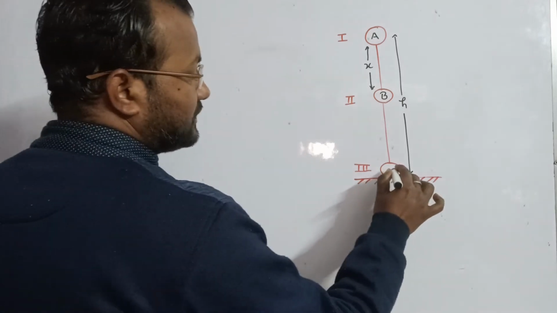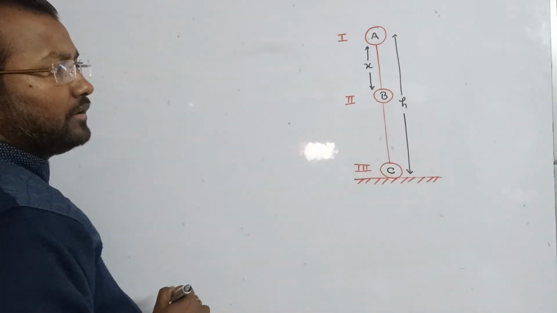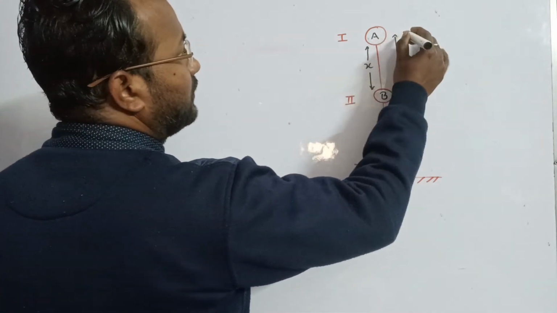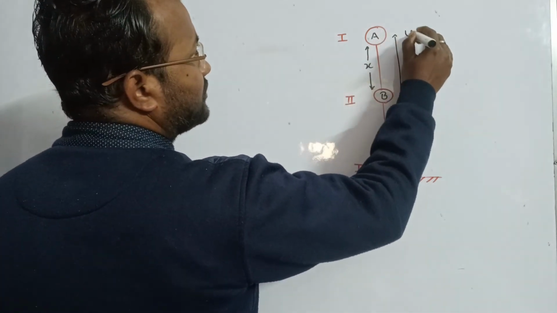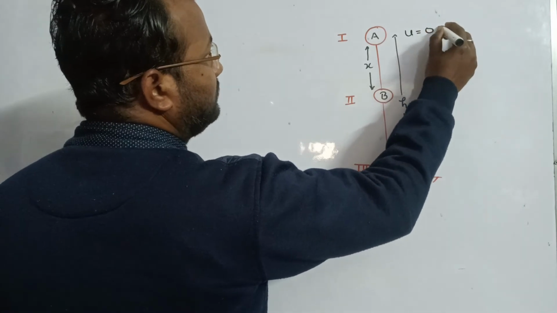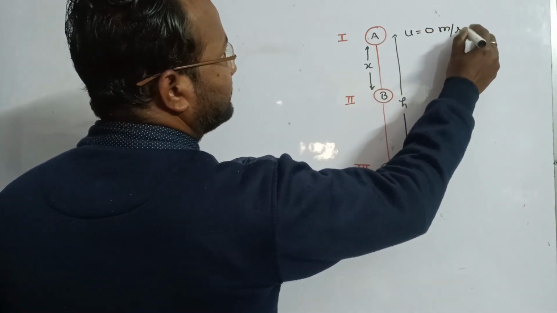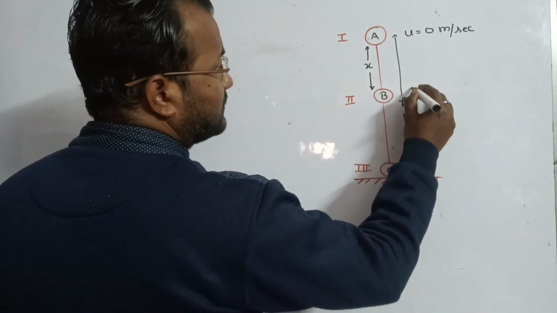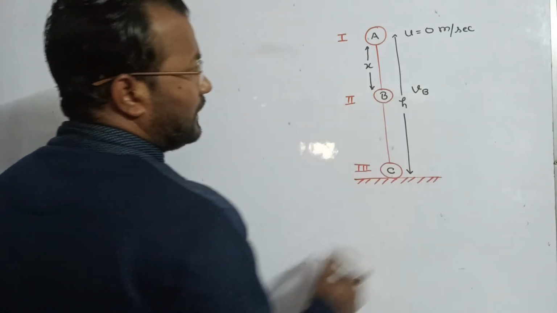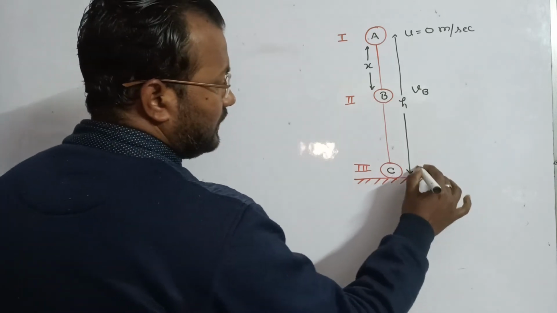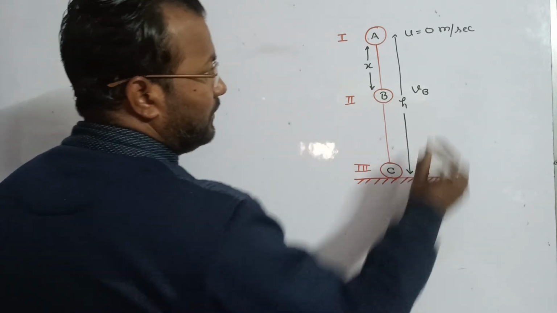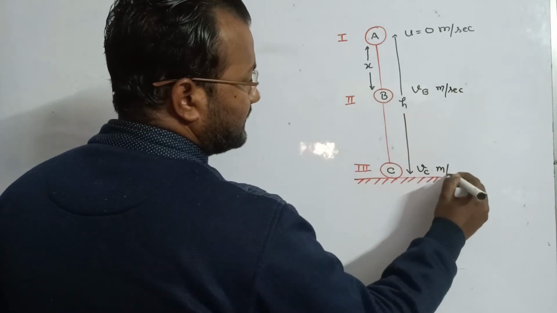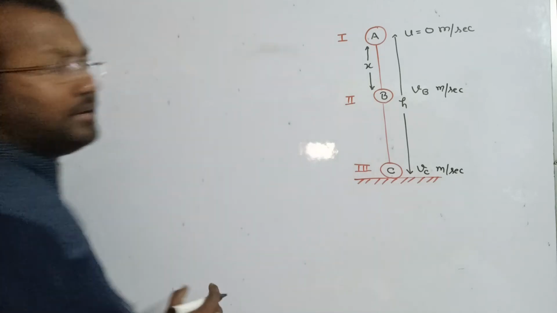This is represented by C. Now, if we consider all the things, the initial velocity of the body at A will be 0 meter per second. The velocity at B, let us suppose, is vb, and the velocity at C, let us suppose, is vc, meter per second, right? This is the basic concept behind this example.